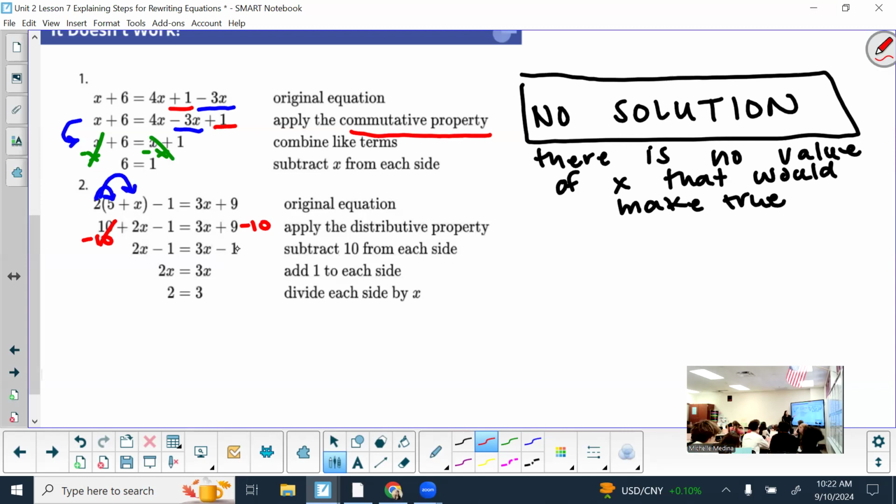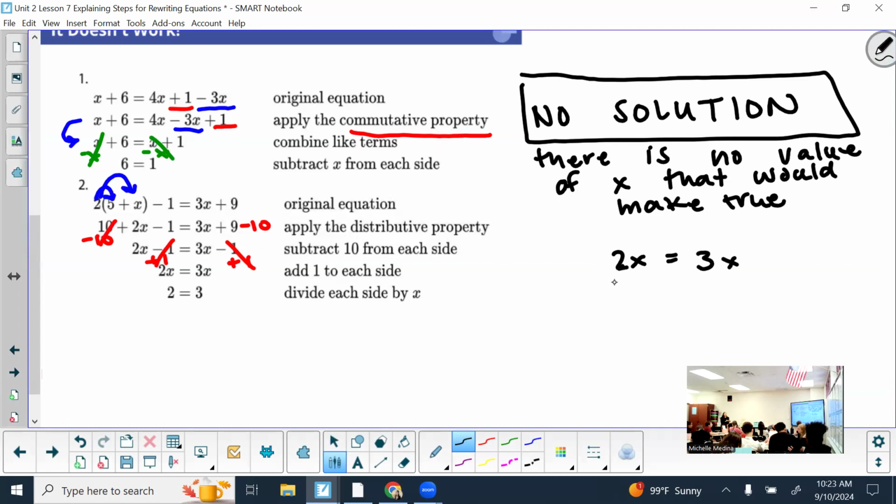What they did was add 1 on each side first, but that's actually not a mistake, I guess. It's just not the order I would recommend. So that's why the 1s disappeared, because when I add 1 to make this cancel, it also cancels this one. But really, I would recommend once you get to this step, you move the variable to one side.